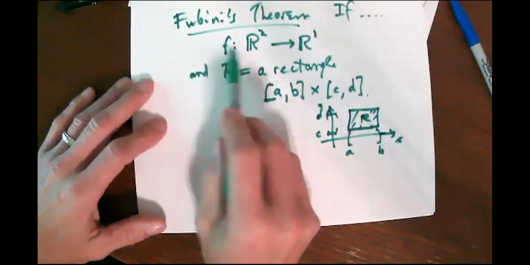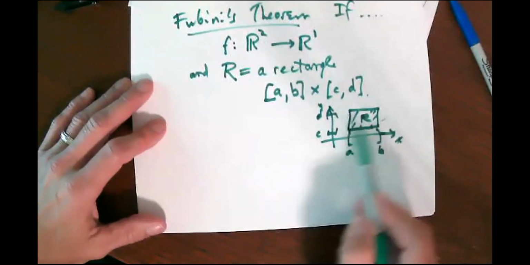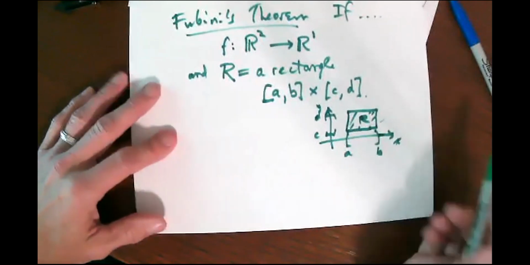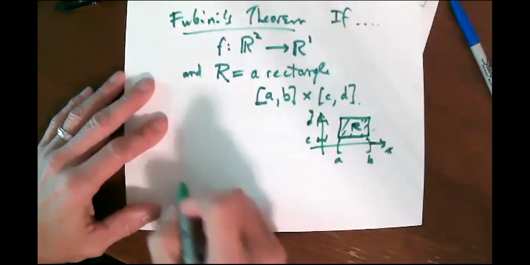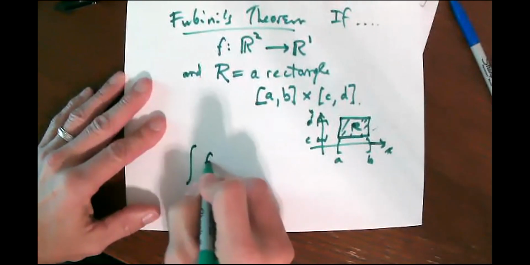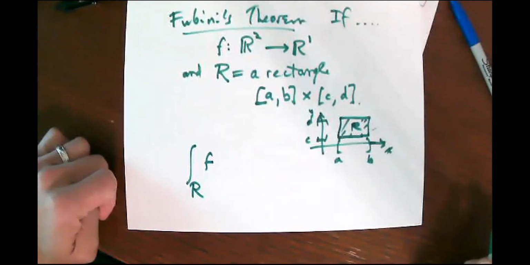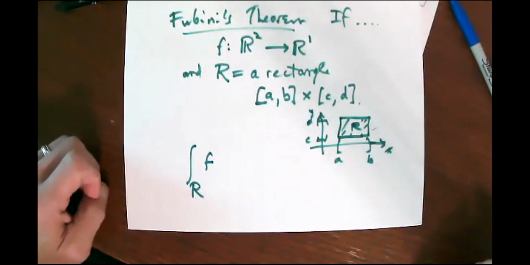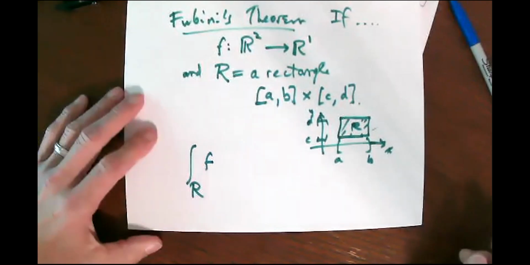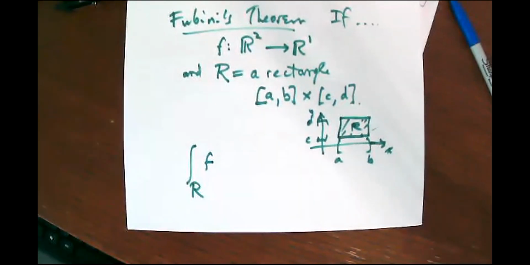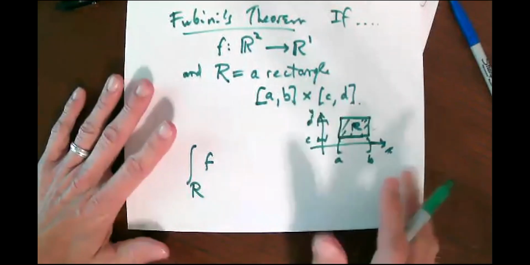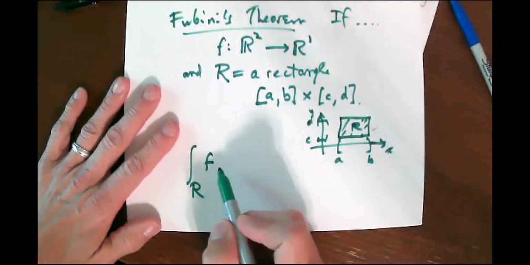So if you've been given a function defined at least on this much of the plane, if it's defined over the set R, and somebody asks you to take that function and integrate it over that rectangle, then the first thing you should recognize is you have to remember what it is that they're asking you to compute. That's what we discussed last time, exactly what this represents, and I really want you to remember how to think of this.